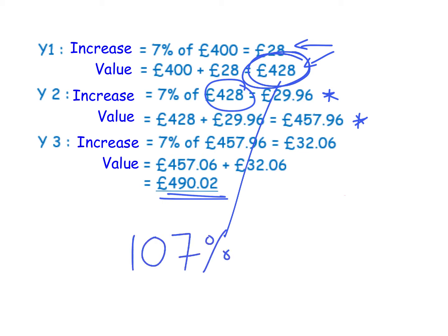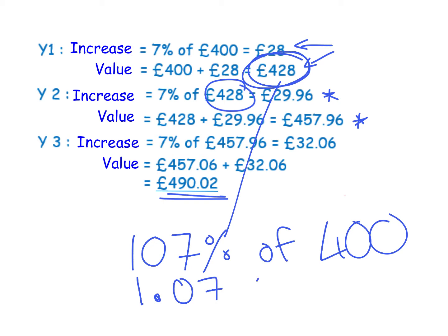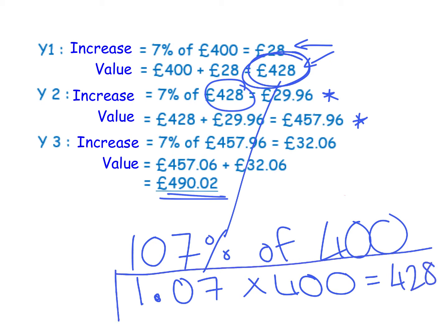Instead of finding 7% and adding on, why don't we just find 107% of 400? At some point you're going to have to divide 107 by 100 or turn it into a decimal. So 107% as a decimal is 1.07, times by 400. If you do that, you get the 428. So we have converted the first 2 sums into 1 sum.